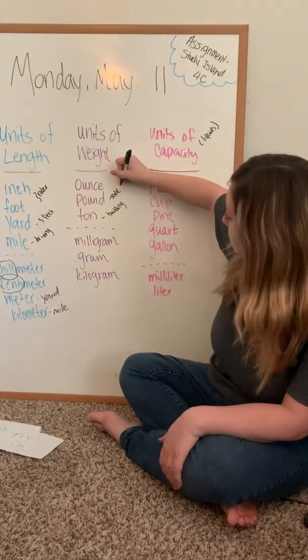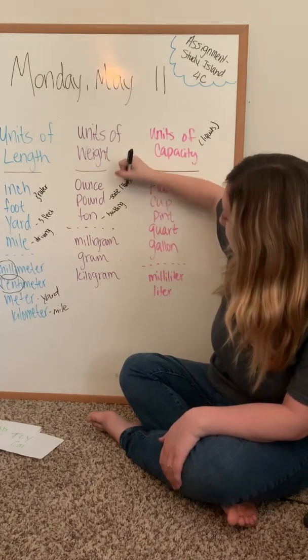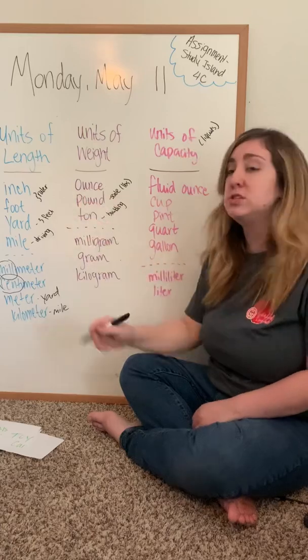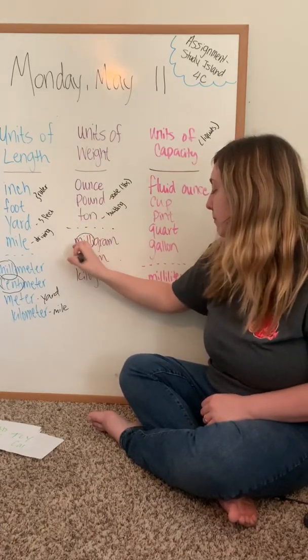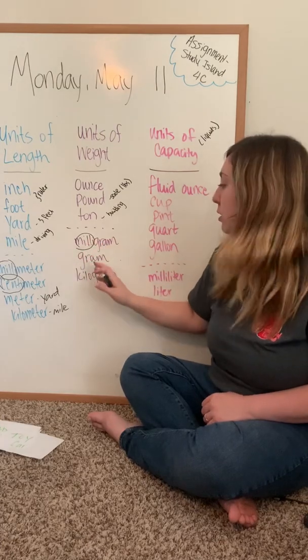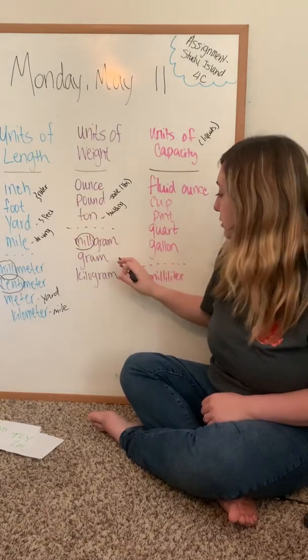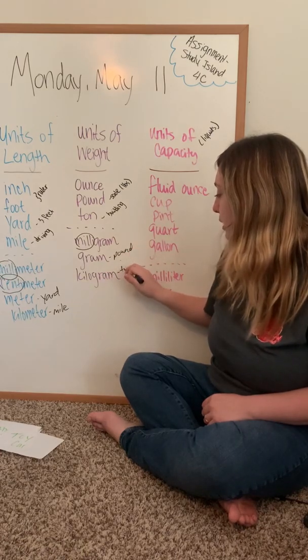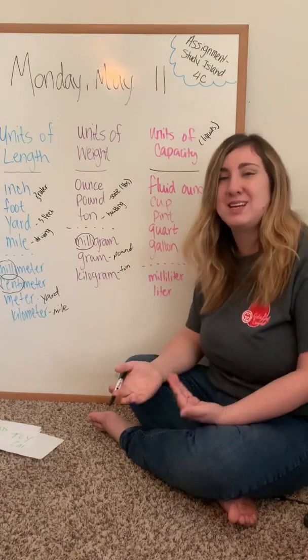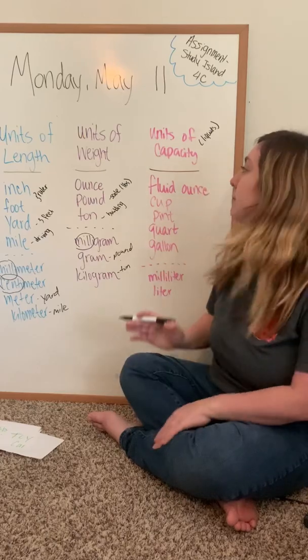You might sometimes see LBS, that means pounds. And then ounces are really small. Same under here, milligram, milli being really small, gram being like a pound, and kilogram being like a ton. It's just kind of a different name. They're not exactly the same, but they're about the same.